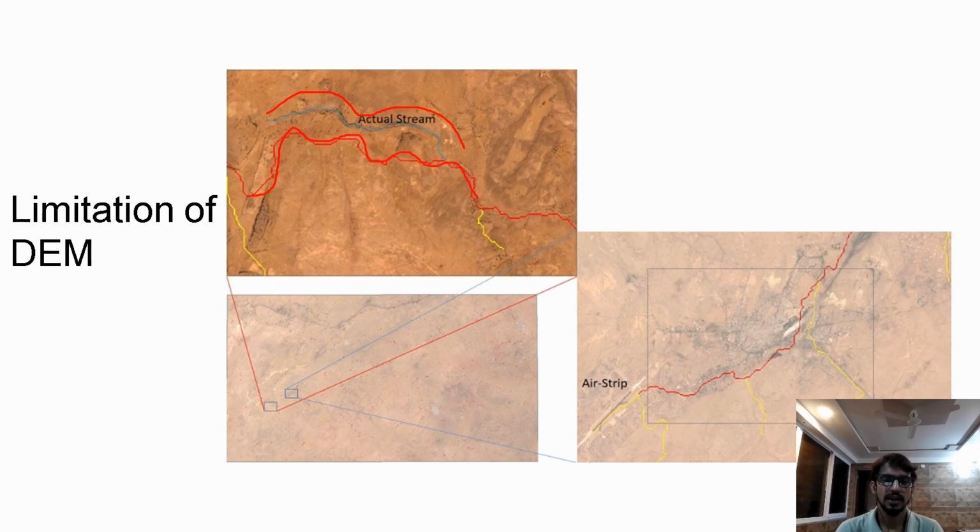So this is one of the errors. And same with some other features. For example, road networks are also showing as a drainage pattern, which is common because of their elevation relative to the surrounding areas.